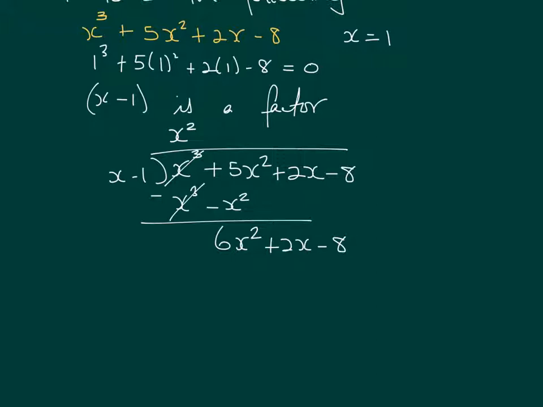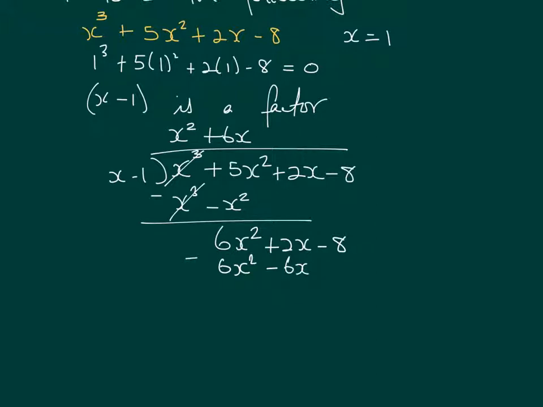Now, question again, using the highest powers, how many times does x go into 6x squared? Well, it goes in 6x times. You're just calculating down one power of x. 6x times x gives you 6x squared, and 6x times minus 1 gives you minus 6x.